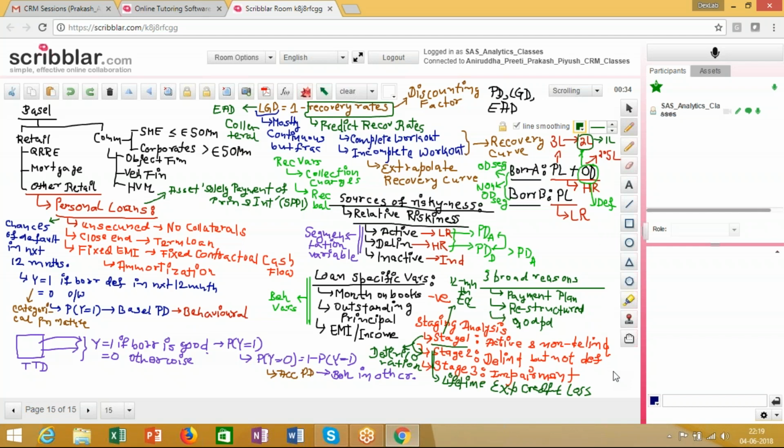Just imagine that if I find the lifetime expected credit loss from an account and keep that money aside today, there would be a very severe opportunity cost.